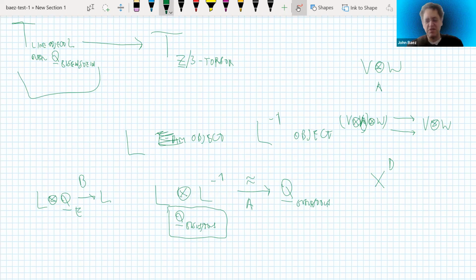And so they each have their own comodule category. And those comodule categories, they're both syntactic categories of theories, but of different but related theories.